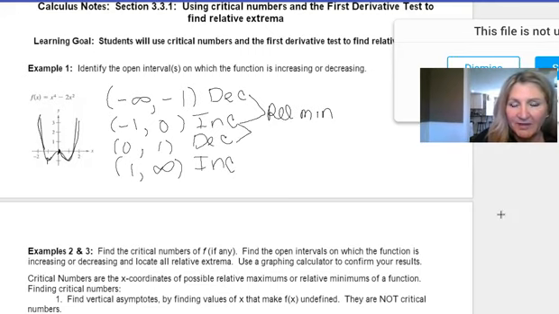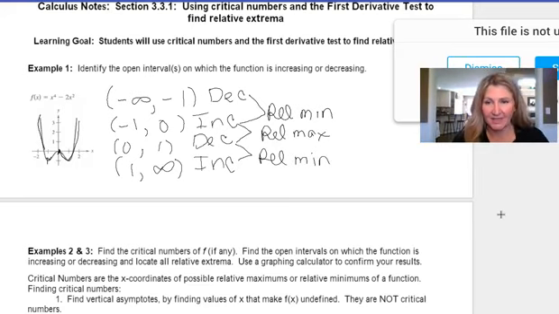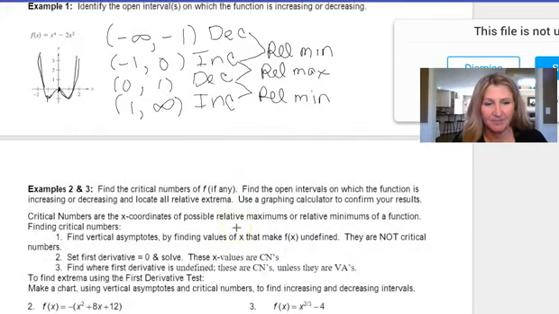When we go from increase to decrease, we got a high point, so we had a relative max. And then we went from decrease to increase, and we have a relative min again. Okay, so that's going to be something important to keep in mind when we do this first derivative test that we're going to be looking at.